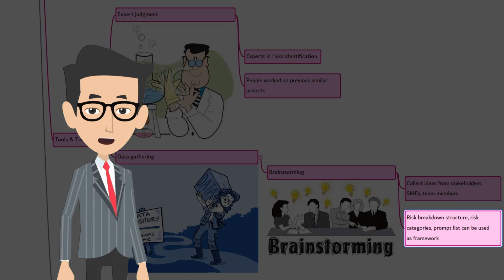Approach by topic, such as risk breakdown structure, can be used as a framework. Ensure that risks identified through brainstorming are clearly described, since the technique can result in ideas that are not fully formed. Apart from risk breakdown structure, risk categories and prompt lists can also be helpful to identify risk.